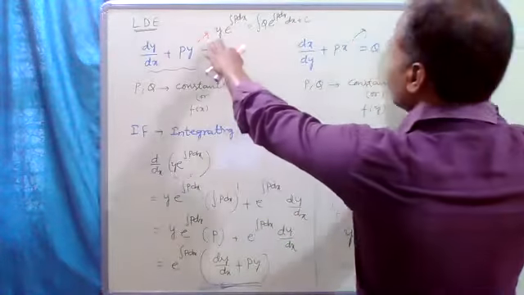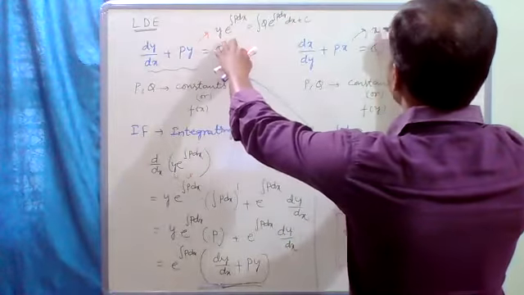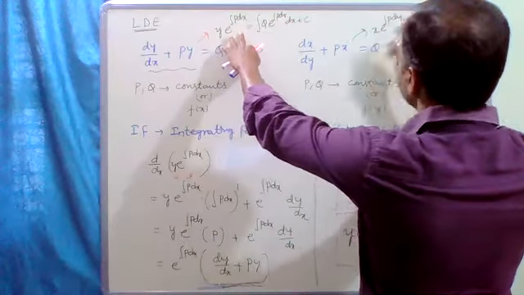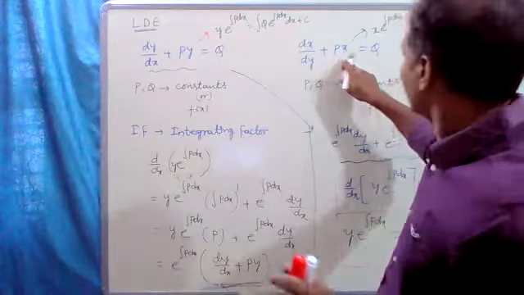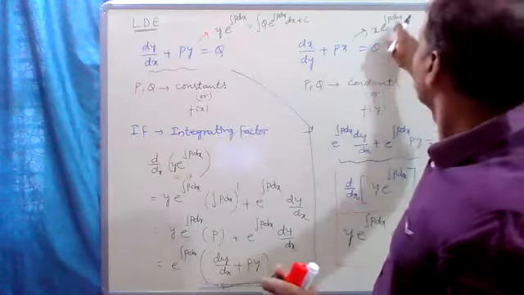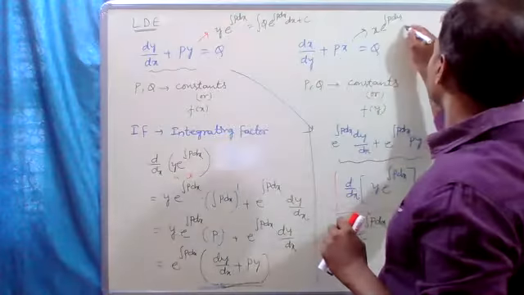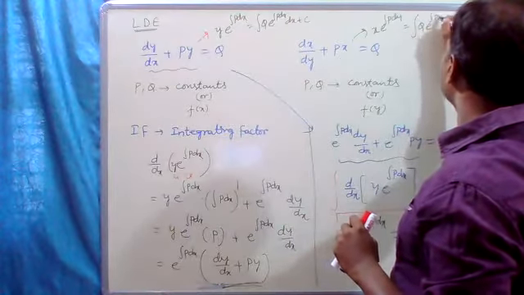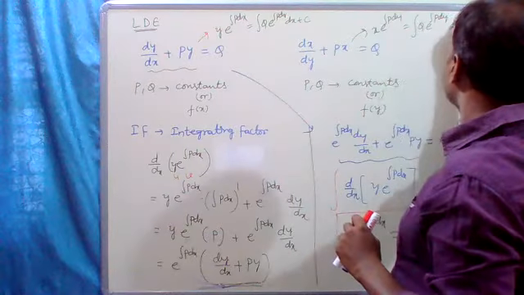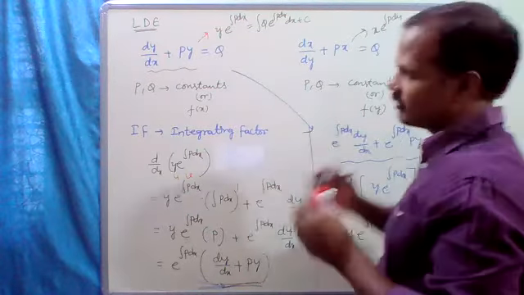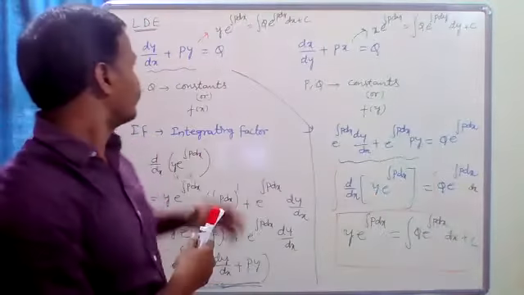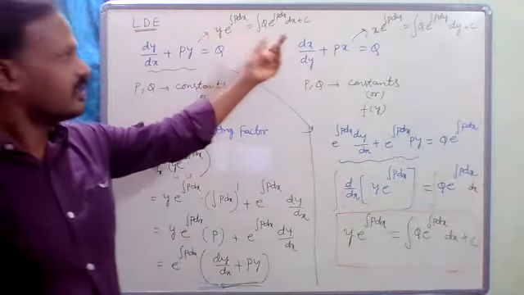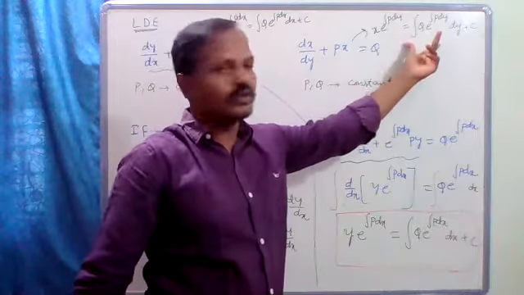Then you will get x e power integral p dy, because here p is a function of y, equal to integral q into e power integral p dy into dy plus c. That's all. If dy by dx is there, this is the solution. If dx by dy is there, this is the solution.